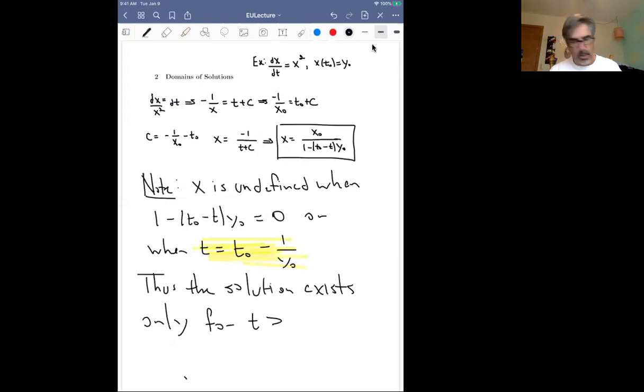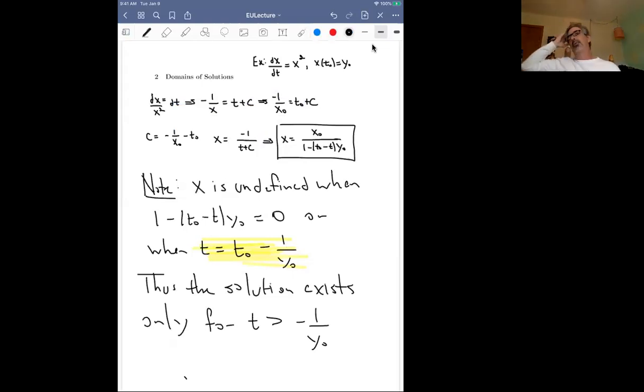It's not defined for all values of t, for all real numbers. It's only defined for some subinterval. That may be a finite interval. In this case, it's an infinite interval, but it's not from minus infinity to infinity.